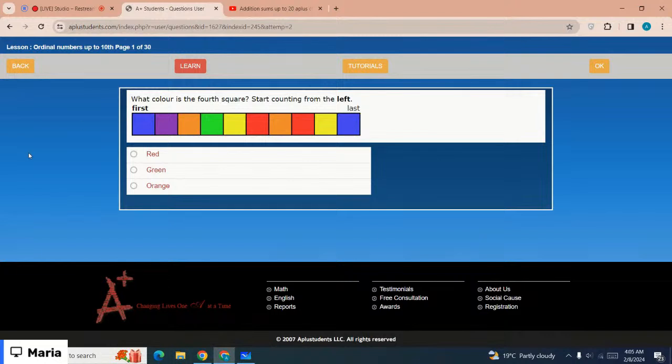Start from the first one: one, two, three, four. So the fourth one is green. So the correct option is green. Got it? The correct option is green.